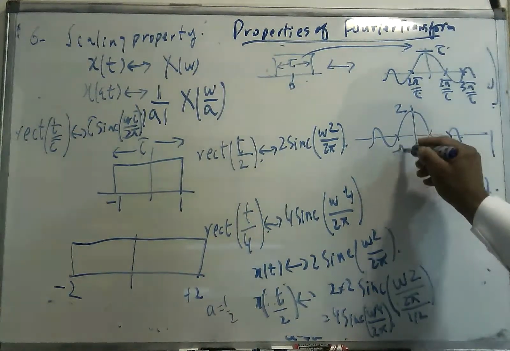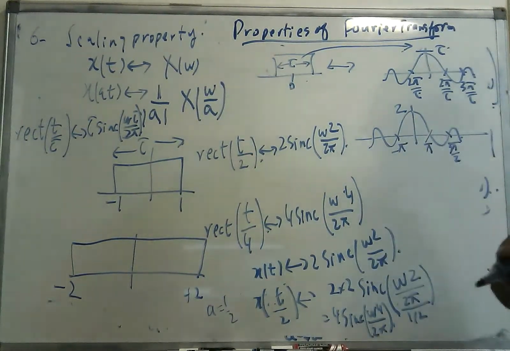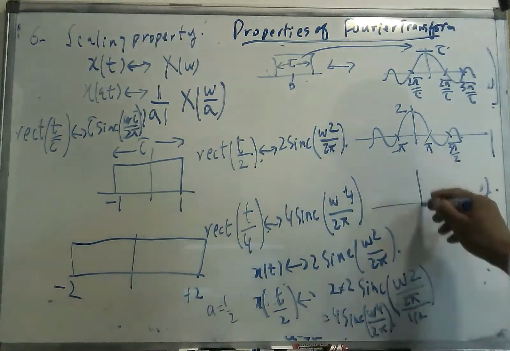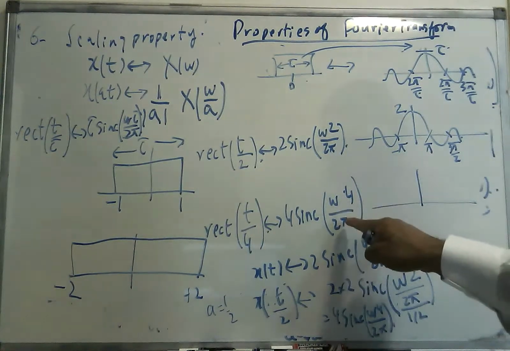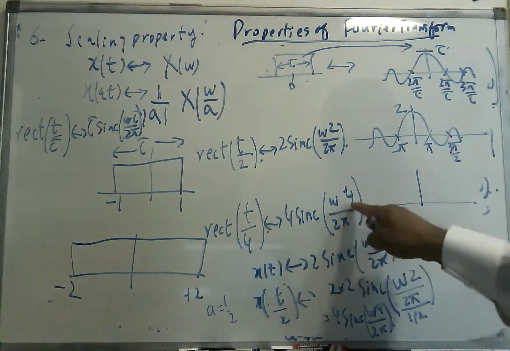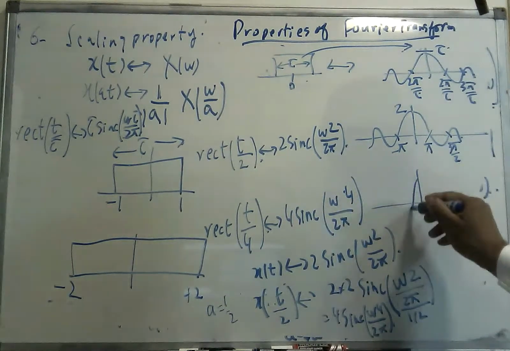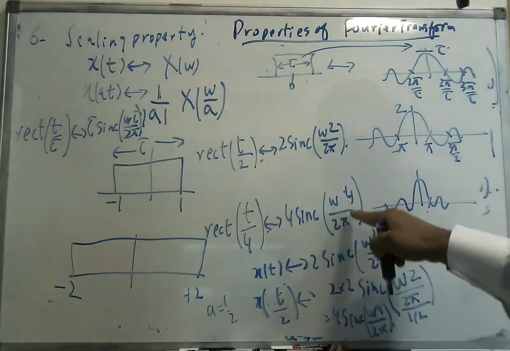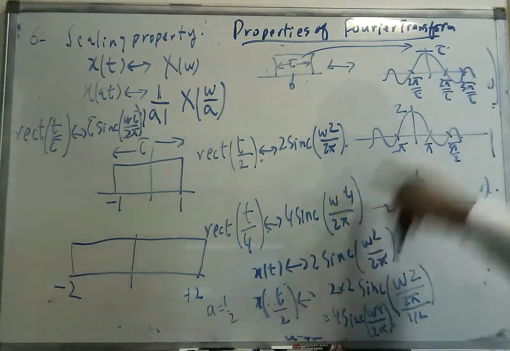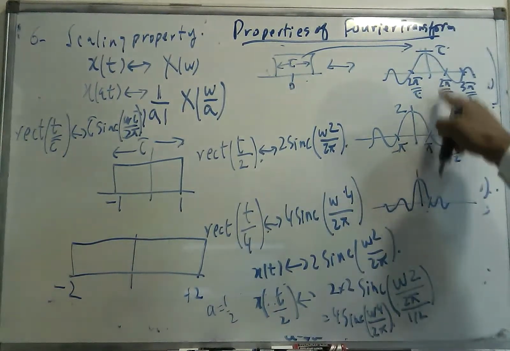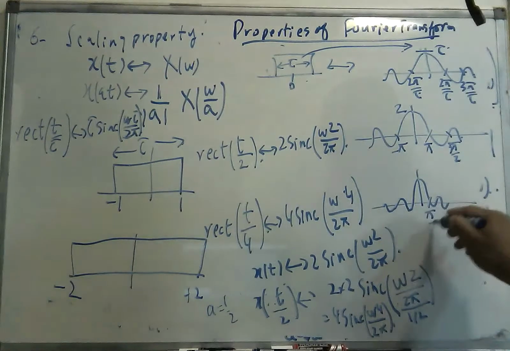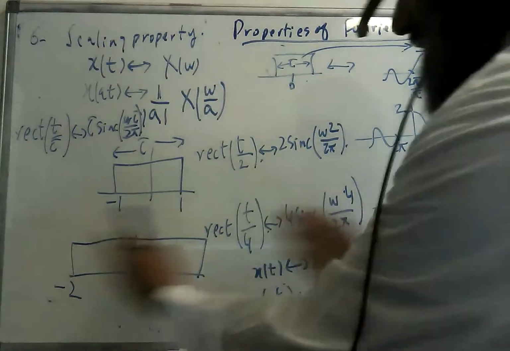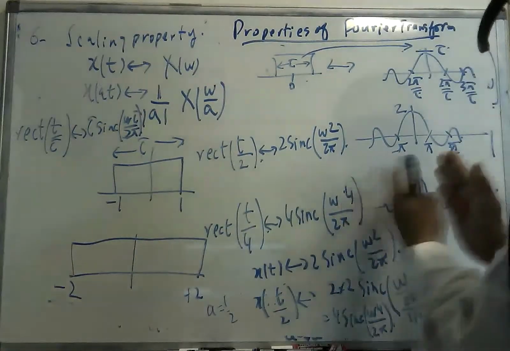Now this one will be 2 pi by 4, so the first zero will be pi by 2, so it will be compressed. So it will be pi by 2 and minus pi by 2. So as we can see, when we expand the signal in the time domain, in the frequency domain it is compressed.